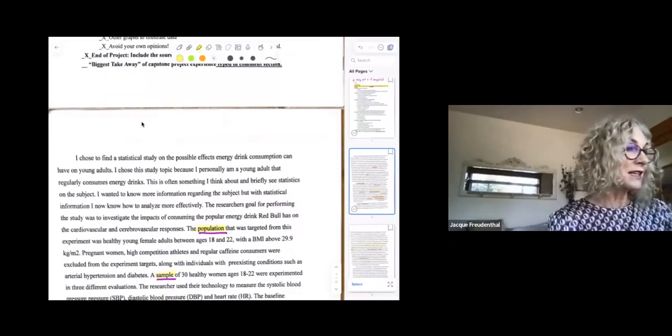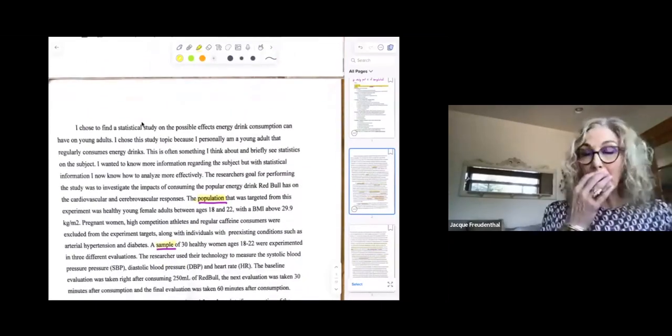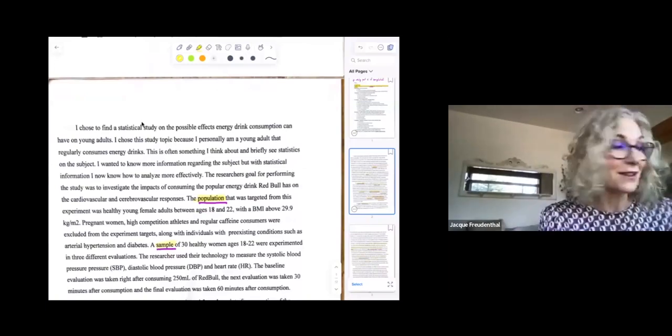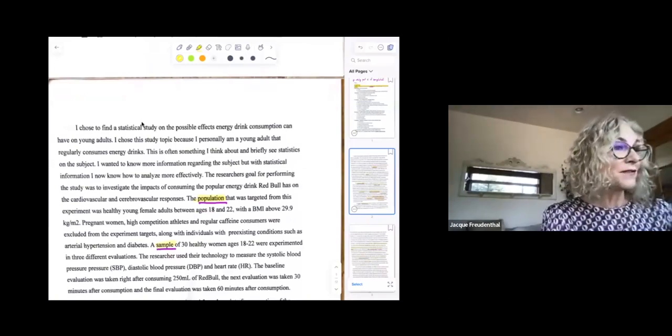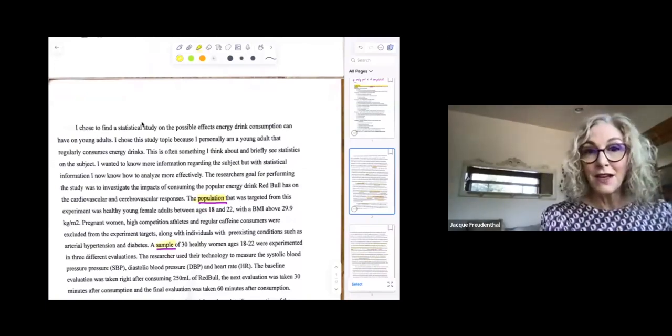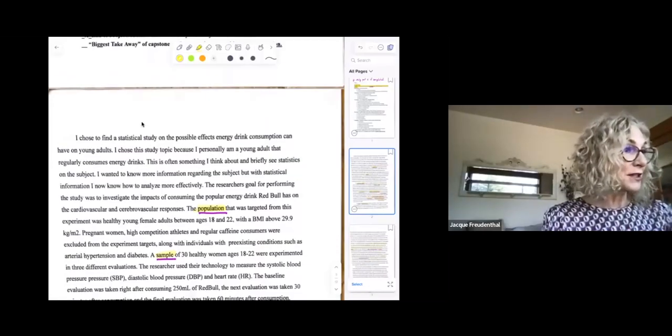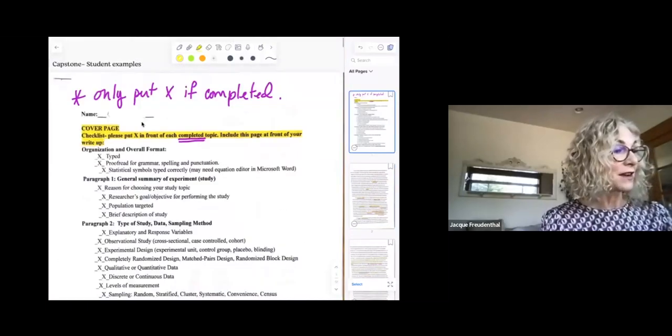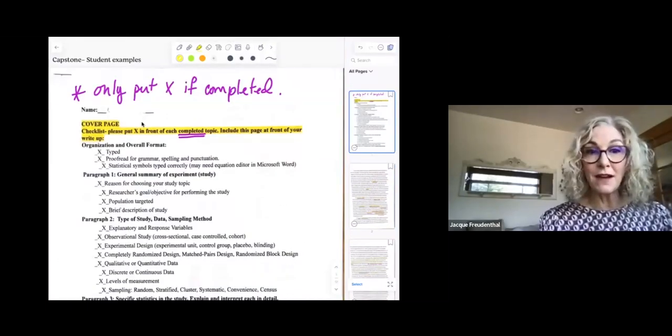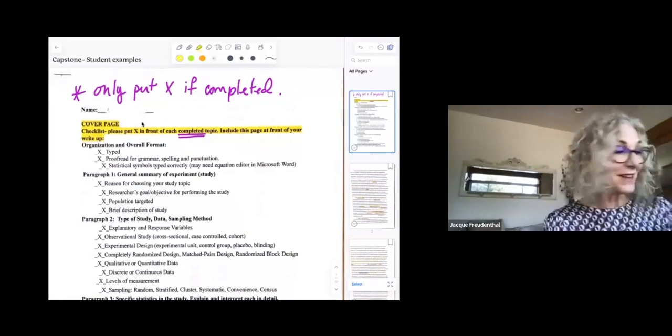Then we're going to go through this, and I'm going to highlight some things that are relevant here. In the first paragraph, you talk about what the study is and why you chose it. I have in here what needs to happen in each paragraph, so you'll be able to identify that.